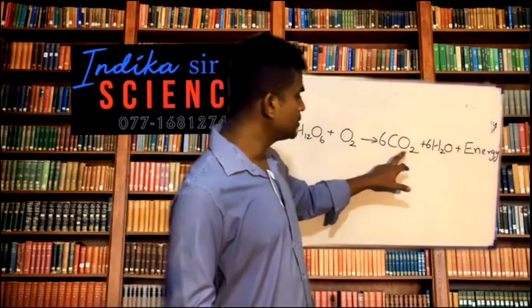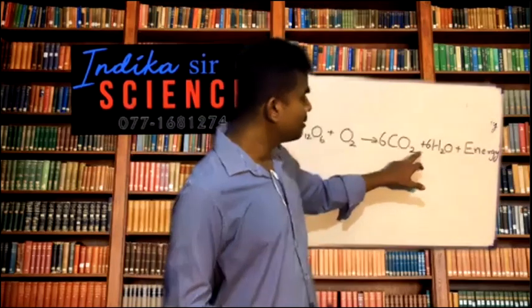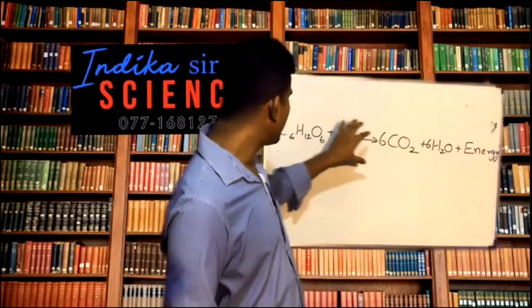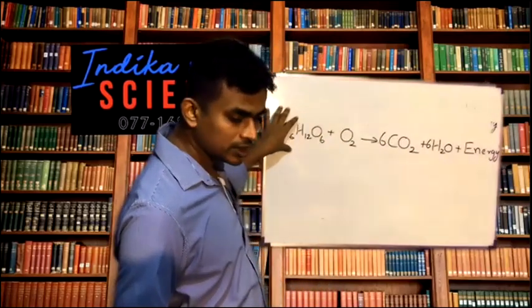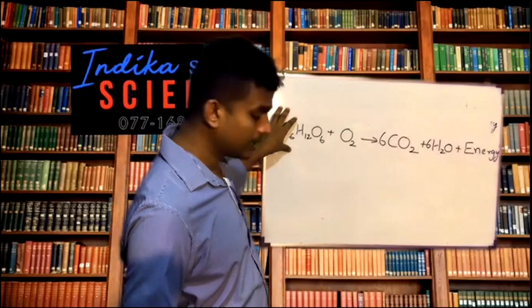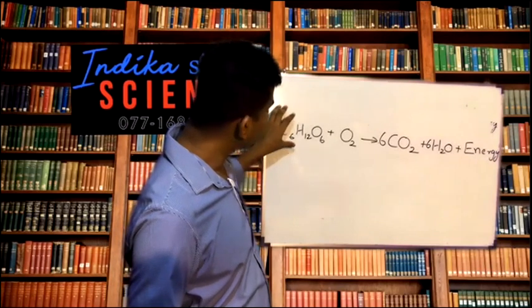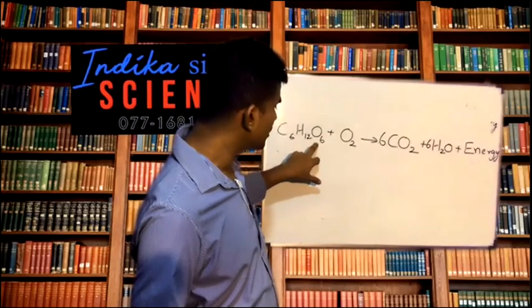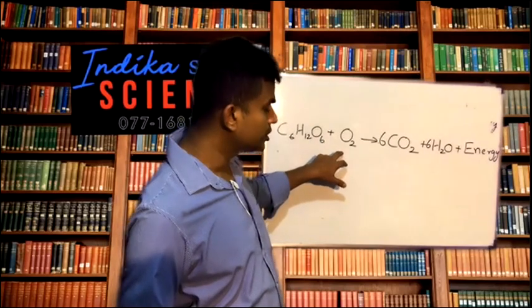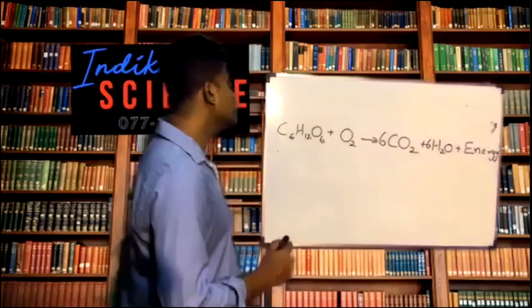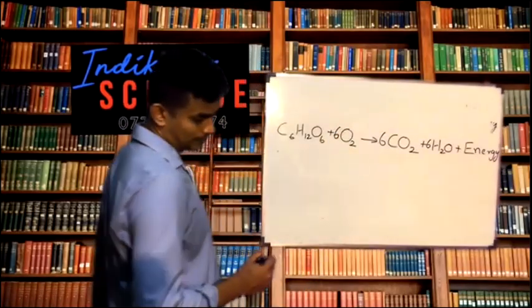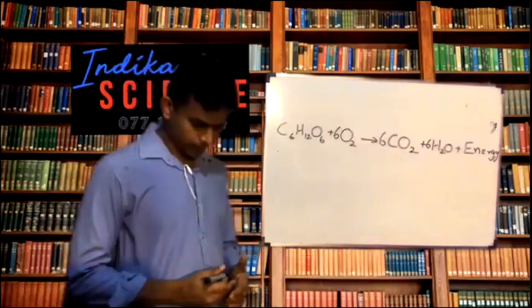Here 6 into 2 is 12, plus 6 is 18. Then there should be 18 oxygen atoms on the other side. Because it already has 6 oxygen, we need 12 more oxygen. In order to give 12 more oxygens, I can put 6 here. So you can balance very quickly.